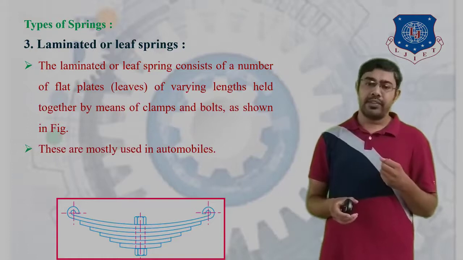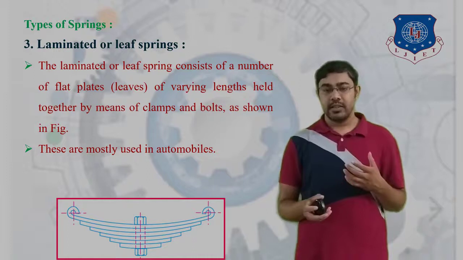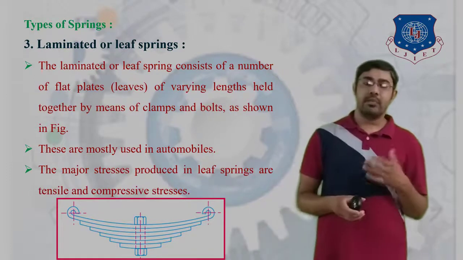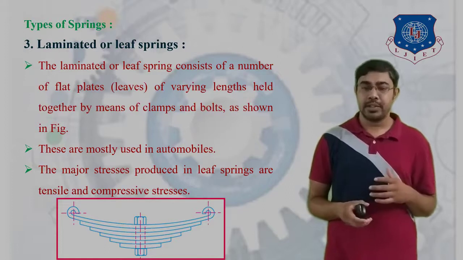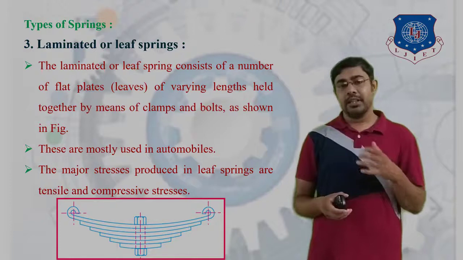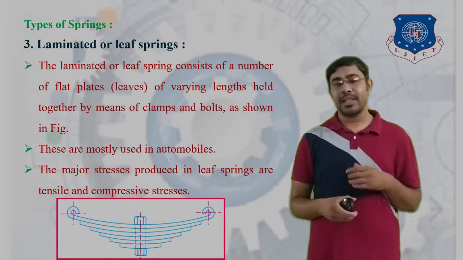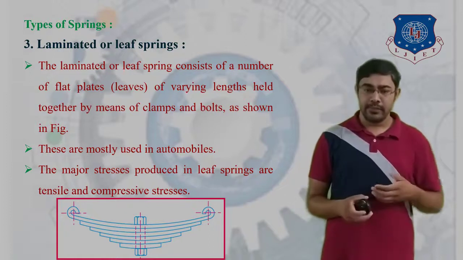This type of spring is mostly used in automobiles. The major stresses produced in leaf springs are tensile and compressive stresses. So in a leaf spring, the major stress produced is either tensile or compressive or both.